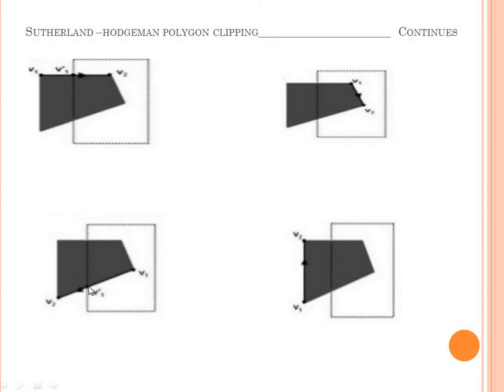We calculate the intersection point and we save only the intersection point, that is V1 dash. This is the clipping window and this is our polygon, with the V1 vertex and V2 vertex, moving from inside to outside. In that case we only calculate the intersection point and save it.